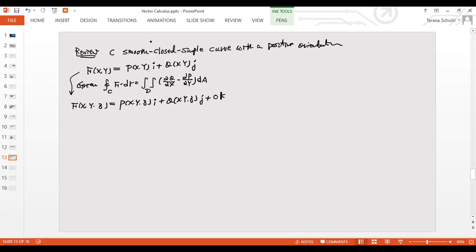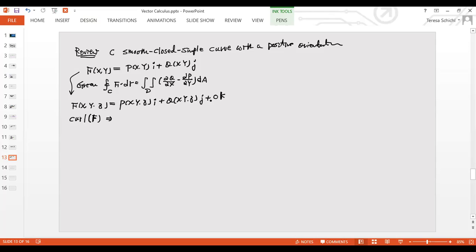For these functions, P of x, y, z, because I don't have z, stays a function of x and y. Then I will use the curl of F, whose definition is for F of x, y, z.